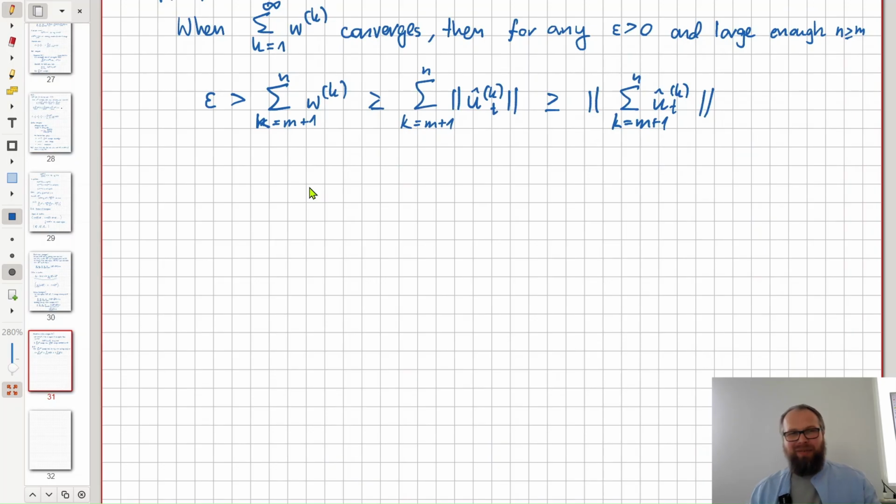So we have a couple of things where uniform convergence is important.